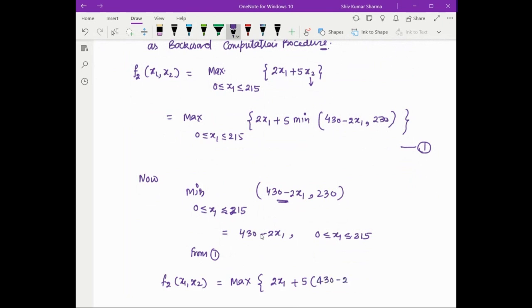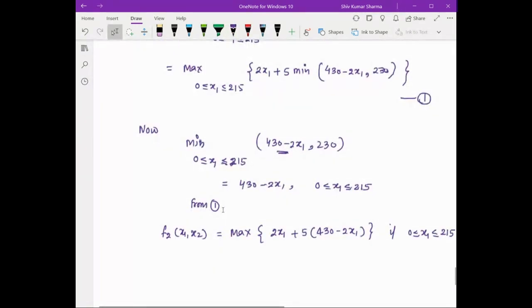The minimum value is 430 minus 2x1, if x1 lies between 0 to 215.